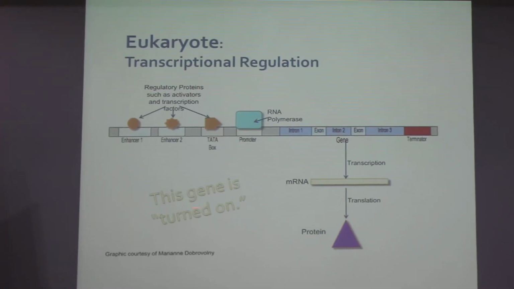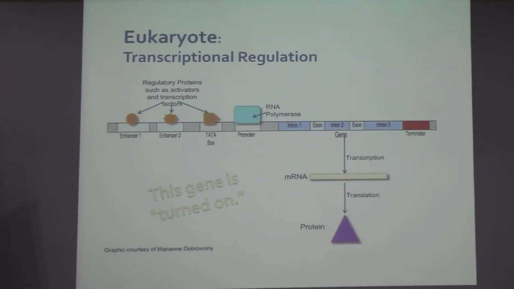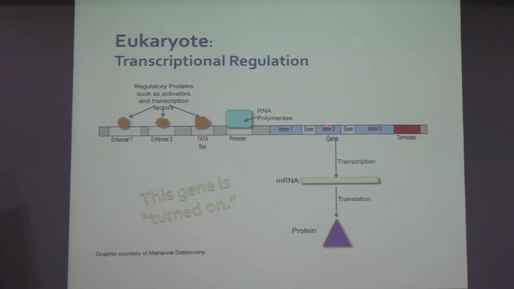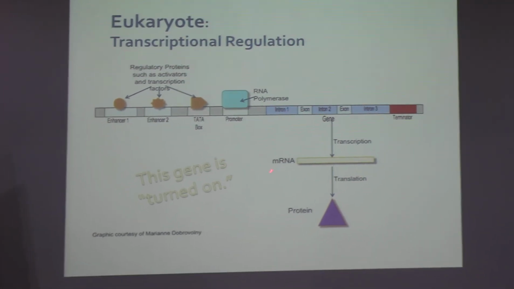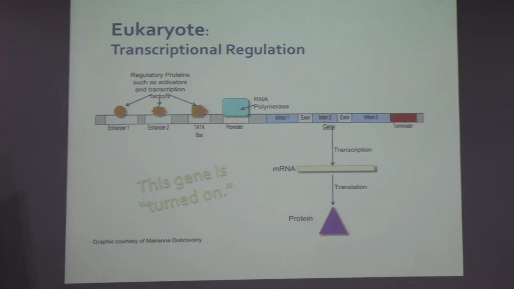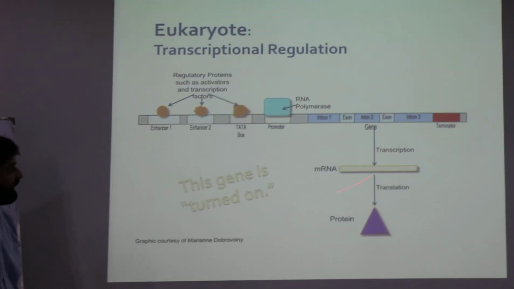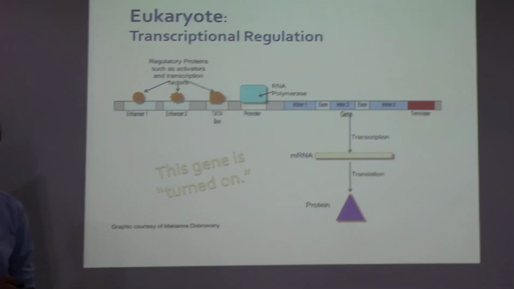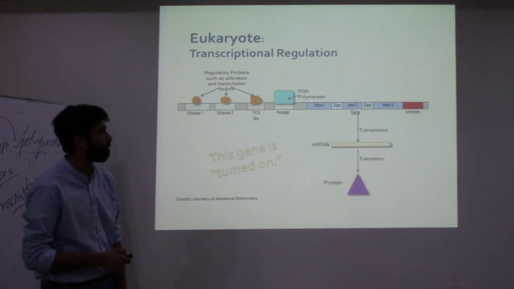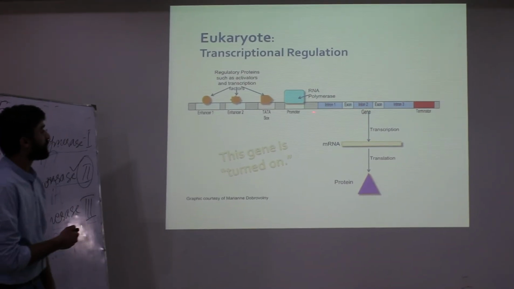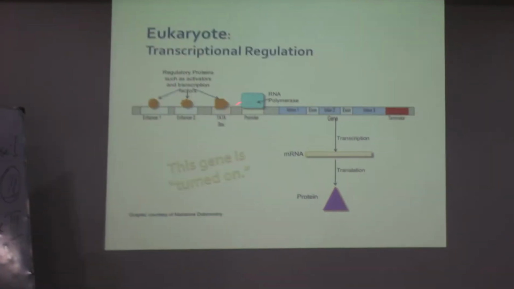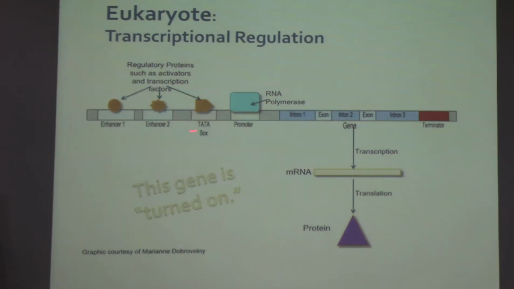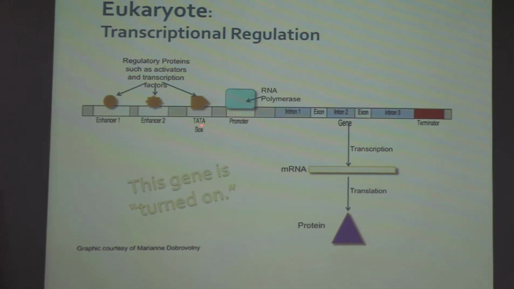This is another enzyme. The gene is turned on. Why is the gene turned on? This gene, transcription, messenger RNA, and translation. By now, we must know that the process of synthesis of messenger RNA is helped by an enzyme, and the name of that enzyme is RNA polymerase II. So this RNA polymerase attaches itself at the TATA box, to transcription factor 2D.